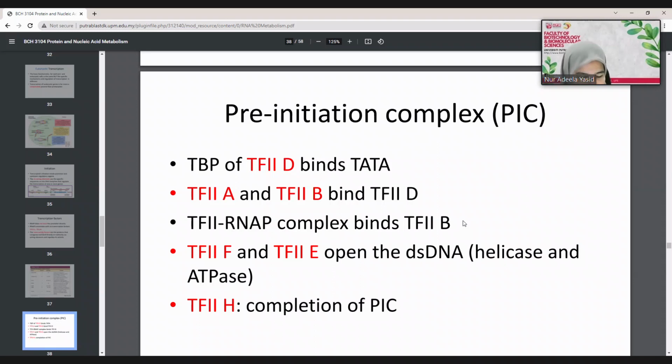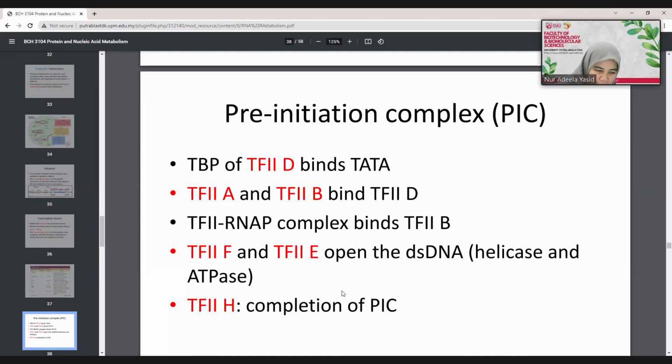Transcription factor 2B serves as the bridge between the TATA-bound TBP and also the polymerase, and helps to place the active center of the polymerase in the correct position to initiate the transcription.